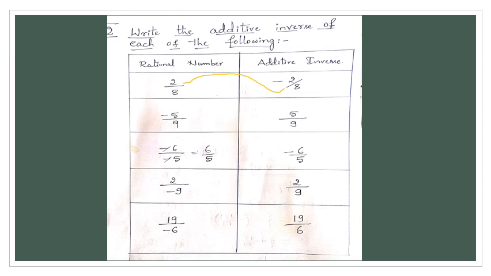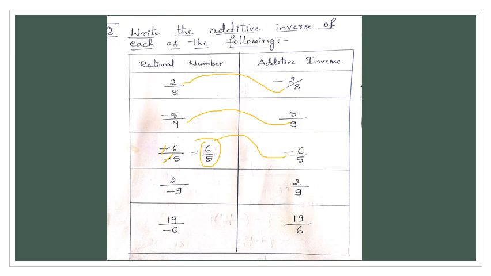Then for minus 5 by 9, plus 5 by 9 is the additive inverse. Here the third one is minus 6 by minus 5. The minus sign and the minus sign cancel. The simplified form of minus 6 by minus 5 is 6 by 5. So the additive inverse of 6 by 5 is minus 6 by 5.